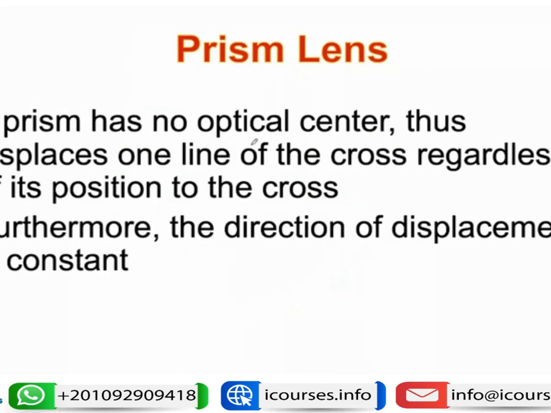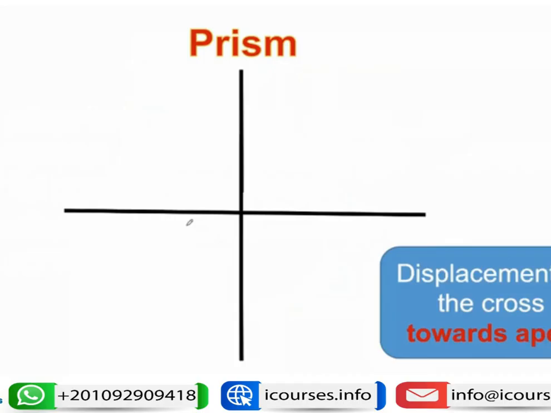The last question in identification is how to identify that we have a prism. So if you have a lens with a prism, then this prism has no optical center, and it will only displace the line of the cross regardless of the position of the cross. So it will deviate the image toward the apex as the light rays will deviate toward the base.